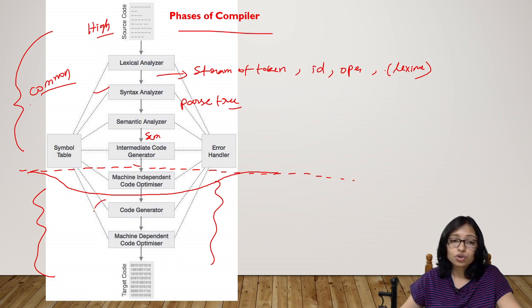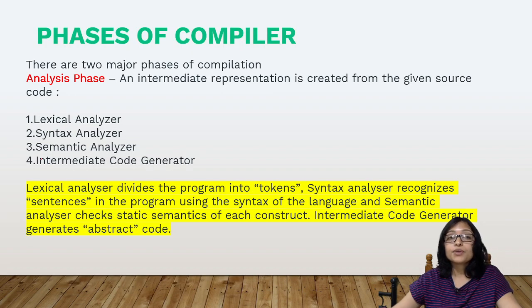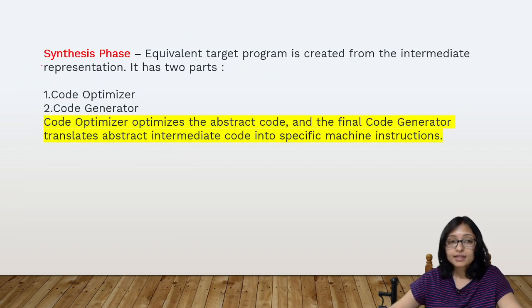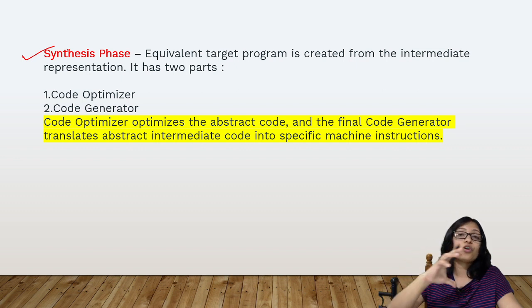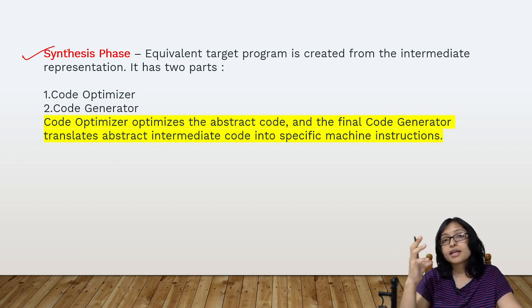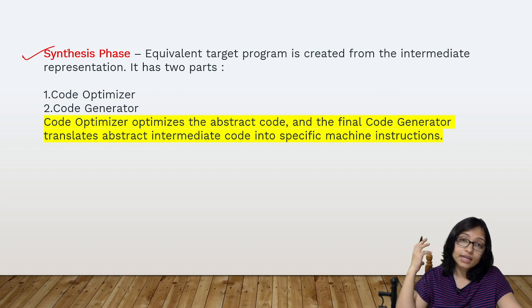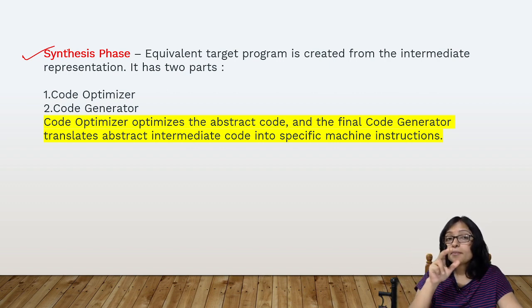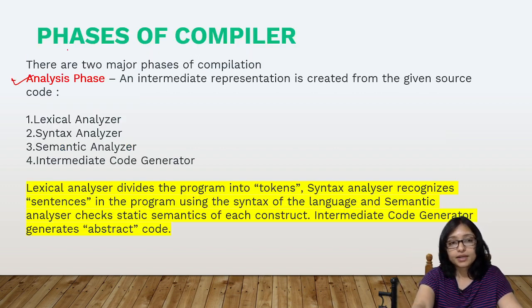After that, code generation and machine dependent code optimization are machine dependent, and till this point it was the common part. So we divide the phases of the compiler into two parts: the analysis phase and the synthesis phase. The analysis phase is common for each and every one, machine independent, but the synthesis phase is machine dependent.